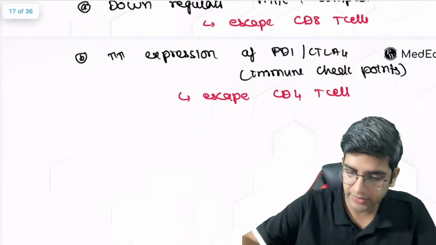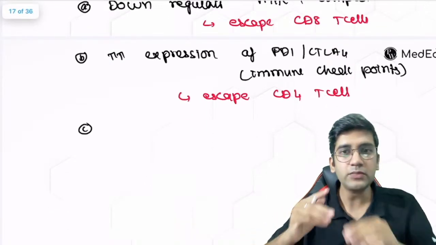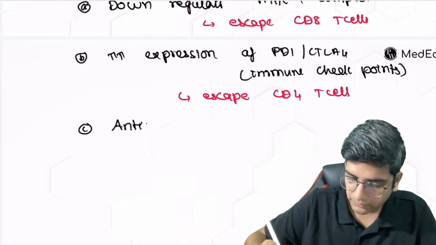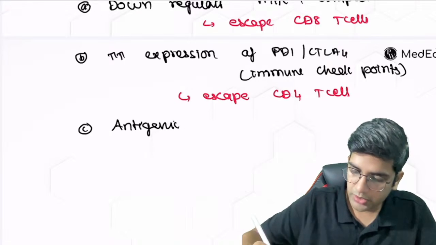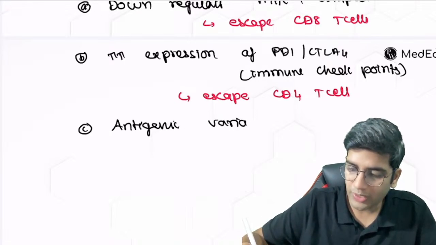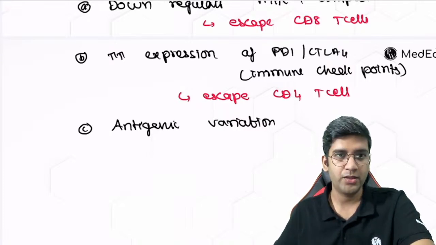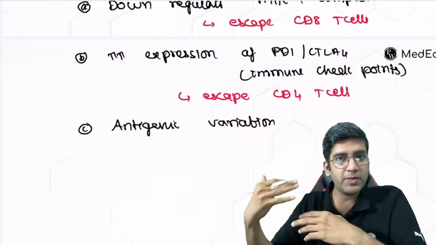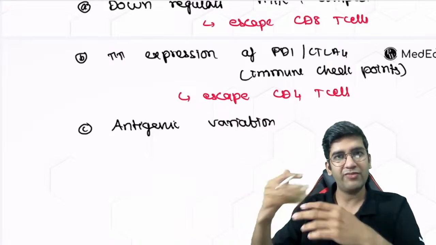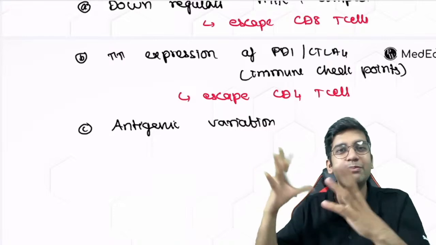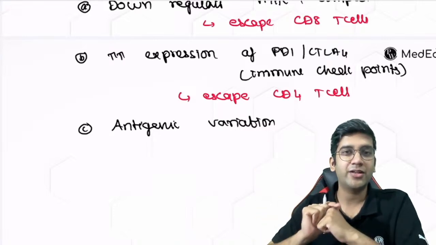Next, third, we have something called antigenic variation. One easy concept we can relate to antigenic variation is COVID. When COVID came, your newspapers must have told you every month or two about a new variant: alpha, beta, delta, epsilon, multiple things, right? That's variation in the virus.